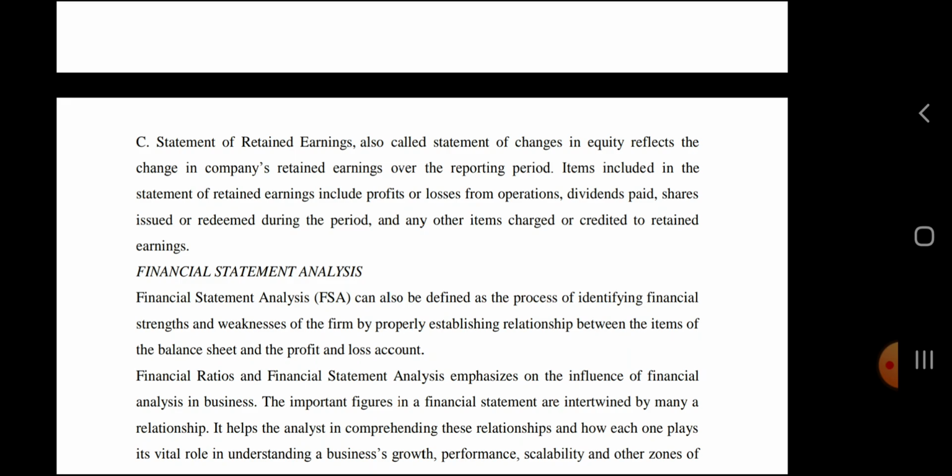Okay, and such items charged or credited to retained earnings, that is reserve, etc. So retained earnings shows the statement that includes profit or loss from operation.